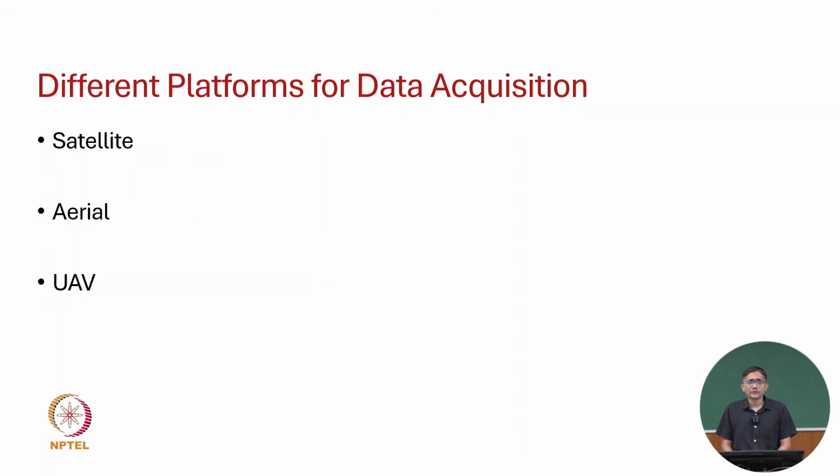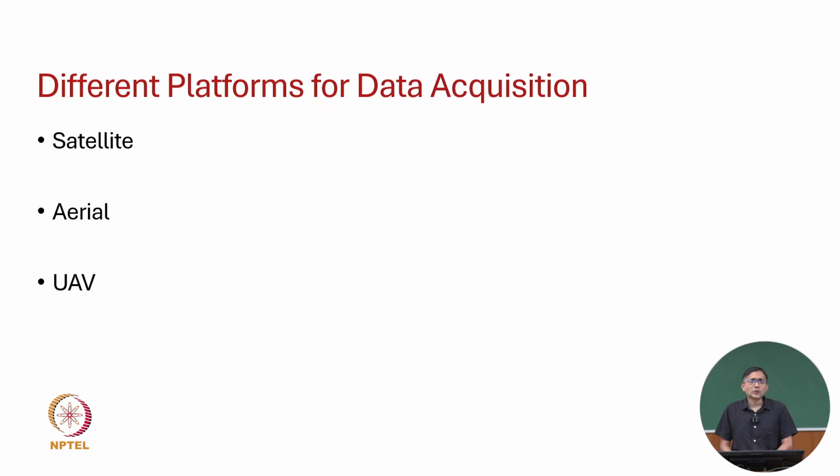Here again, we have to understand that when we talk about satellite images, they themselves are not just a single group. There can be significant variation with respect to whether we are talking about geostationary satellite or polar satellite. So we will talk a bit about these variations later, not in today's lecture.